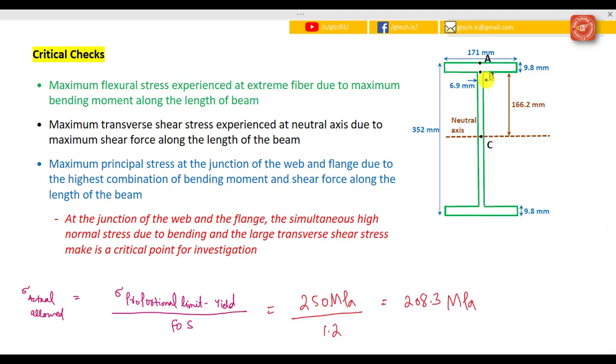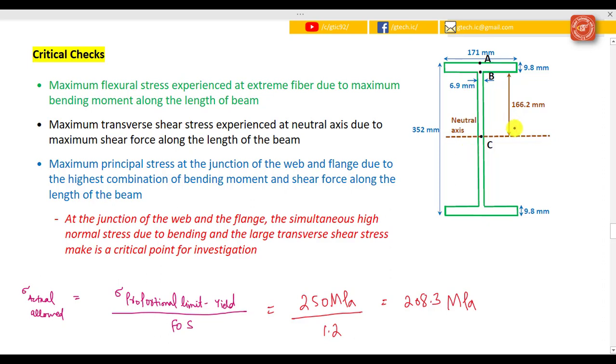Generally on the I beam we pick the junction between the flange and the web, and we also pick point C, which is at the neutral axis, for the maximum transverse shear stress we experience in the cross section. And so three checks: maximum flexure stress, maximum shear stress at the neutral axis, and a combination which we pick to be at the junction of the web and the flange.